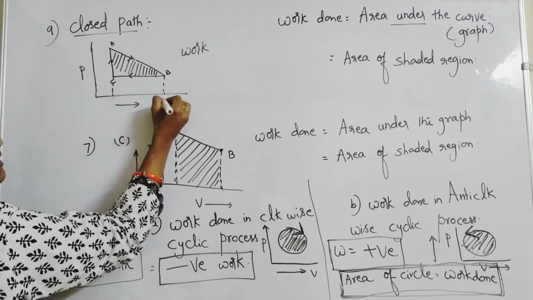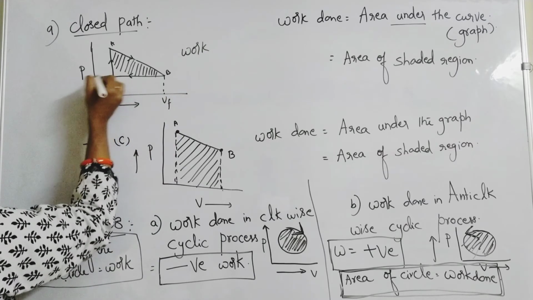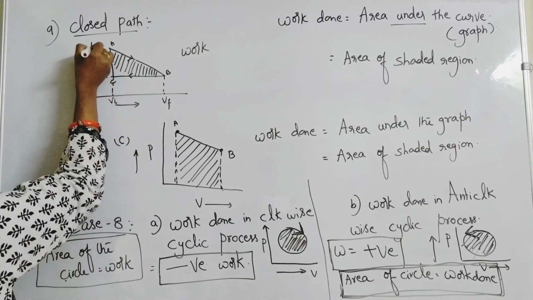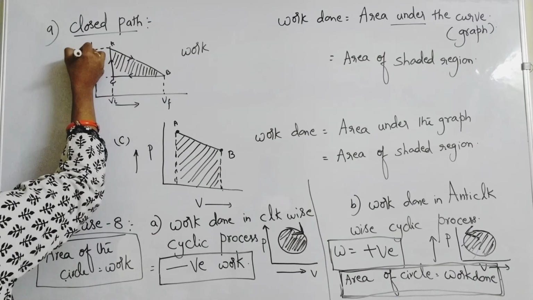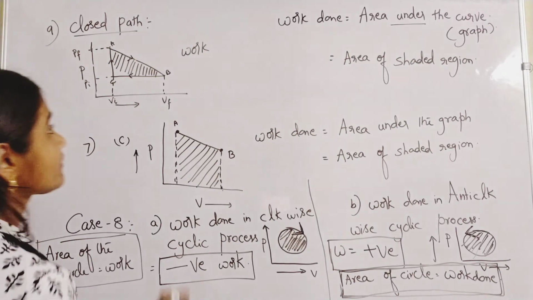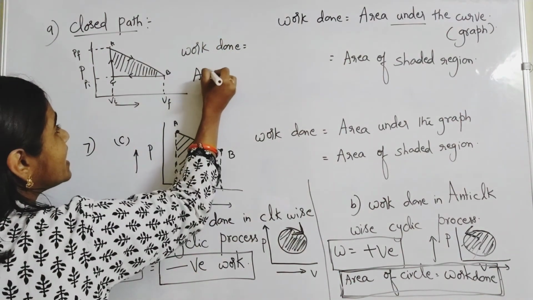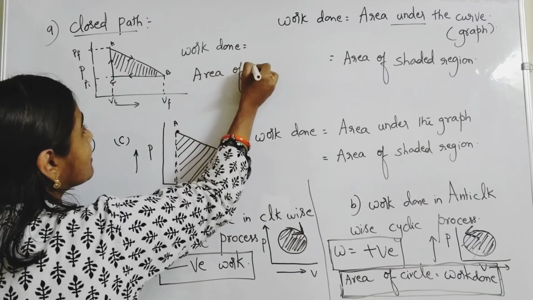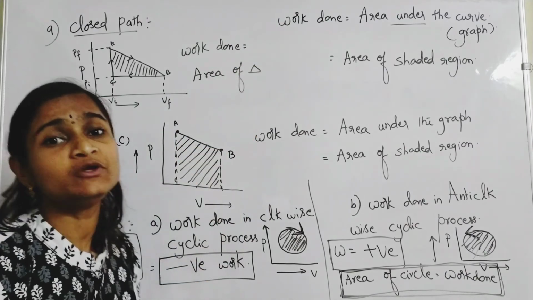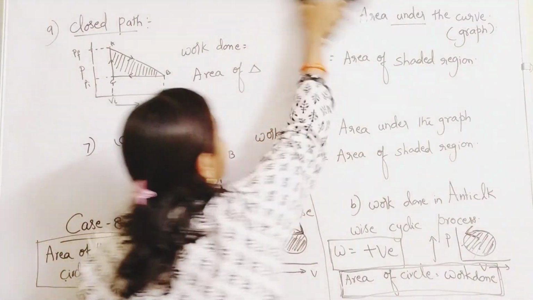Suppose you take this to be V final, this V initial, and this P initial and P final. Can you see? So work done is equal to the area of the triangle. The area of a triangle is half into base into height. Here the base is V final minus V initial, and the height is P final minus P initial.